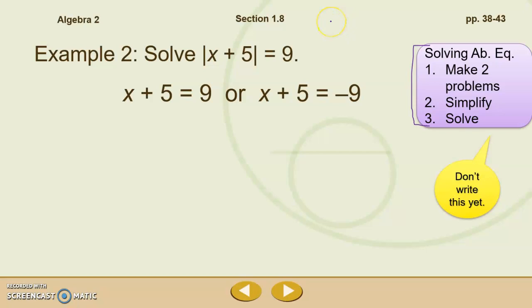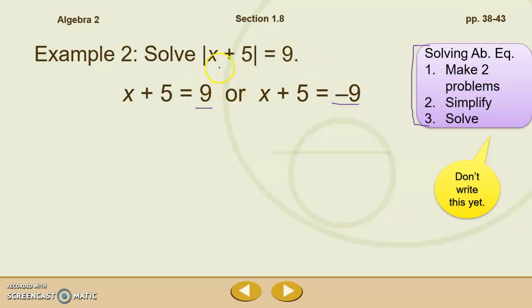First of all, we know that there are two possible answers. You just saw on our number line that in absolute value, there's one on one side of the origin and one on the other side. So we know that there are two possible things that have an absolute value of 9. 9 has an absolute value of 9, and -9 has an absolute value of 9.